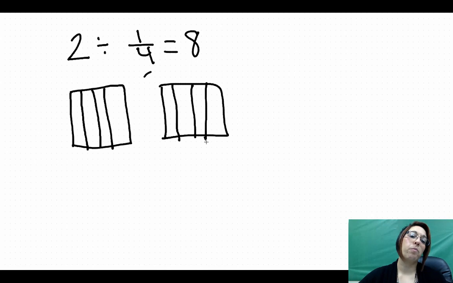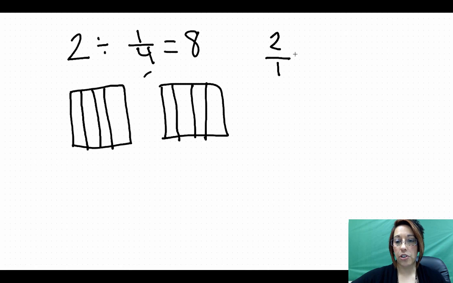So as we start moving towards the algorithm, there's a real specific formula for this algorithm. You can see probably how this algorithm is going to work. We're going to actually change it to multiplication. So we take our whole number 2 and make it the fraction 2/1.